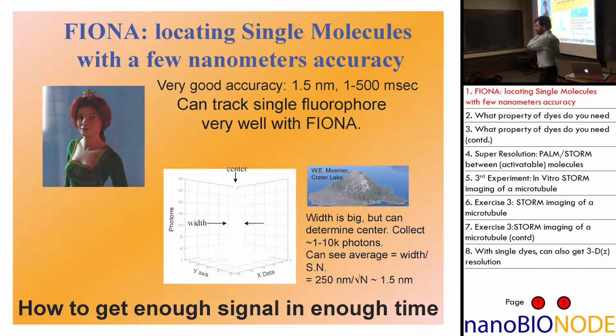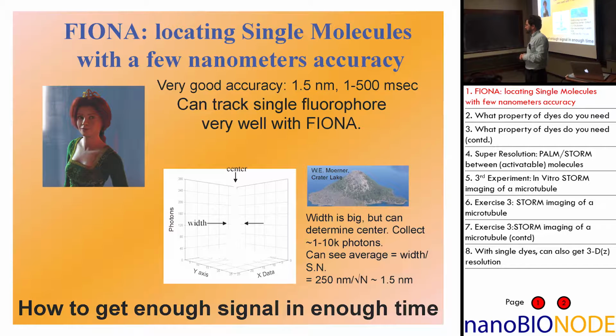So you definitely need not only photostability, but that it puts out photons at a fast enough rate. And in general, almost all fluorophores will put them out at a fast enough rate.